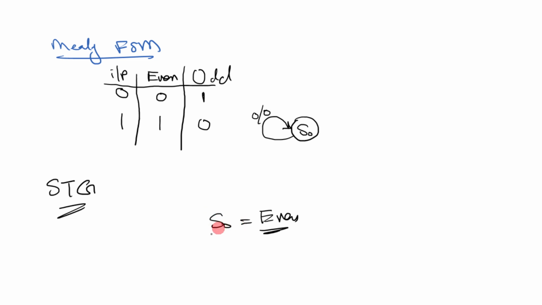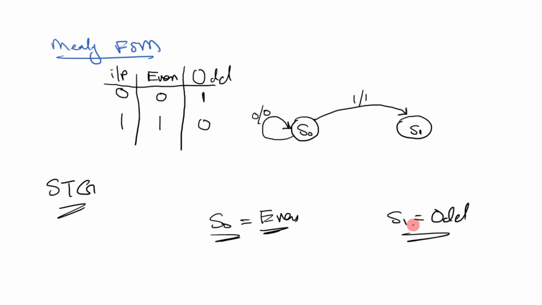This S0 is actually the even parity checker, and when you apply 1, you get an error, and your output is 1, and you move to a new state S1. This S1 is actually the odd parity error checker.